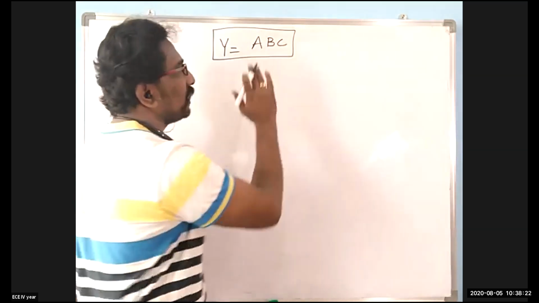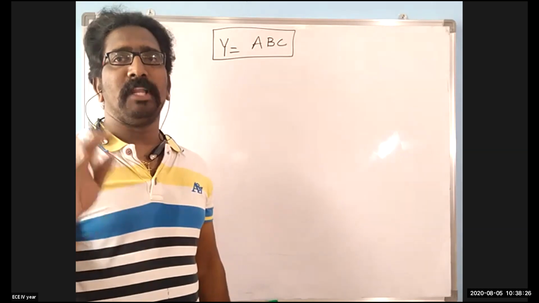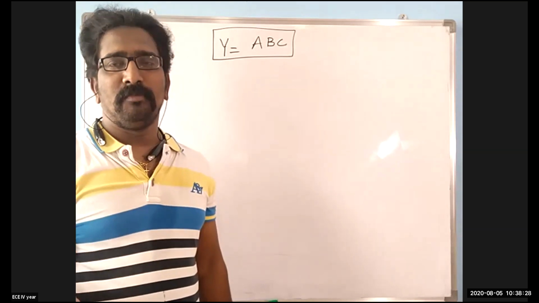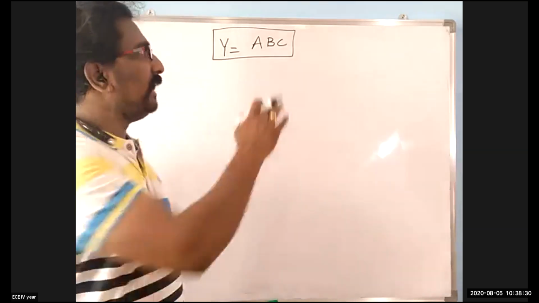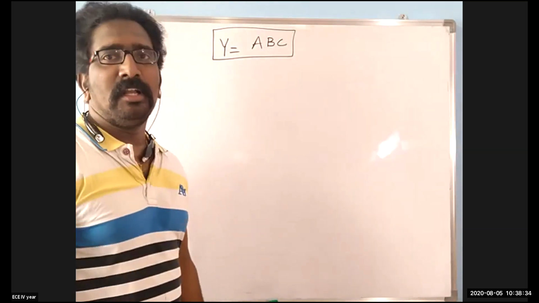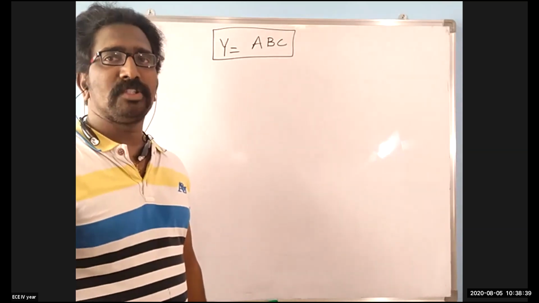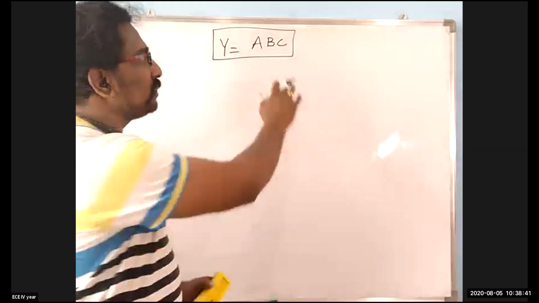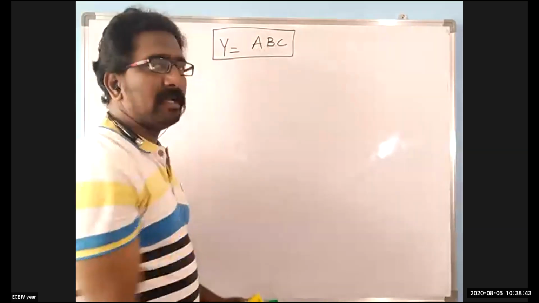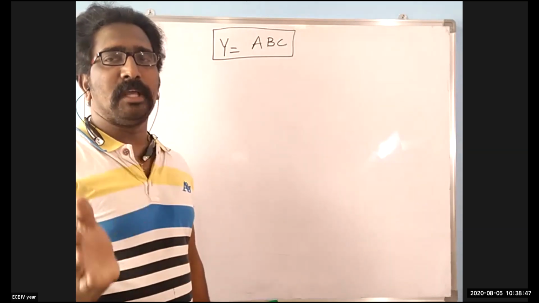Since on the RHS we have three alphabets, A, B and C, we need three PMOS and three NMOS. It depends upon the number of alphabets present on the RHS of your Boolean equation. So now I require three PMOS and three NMOS.